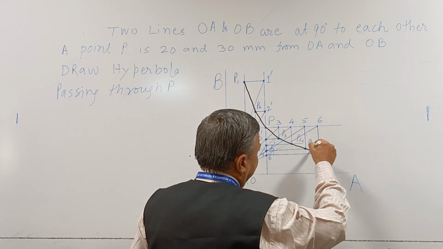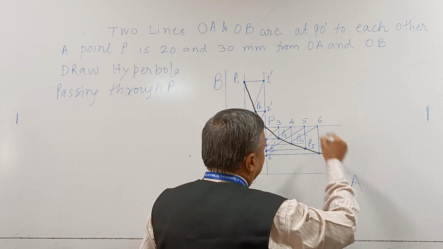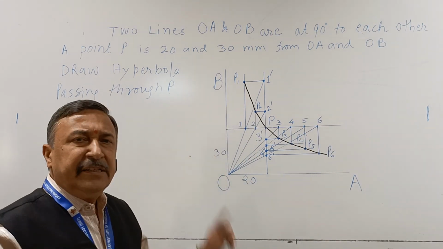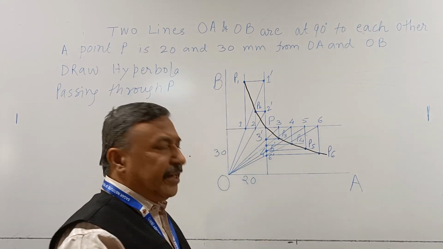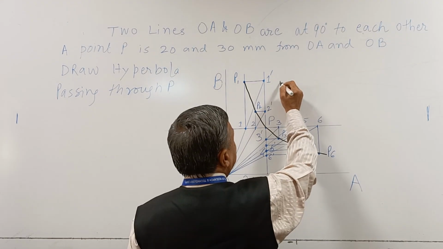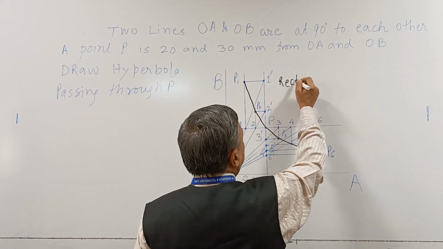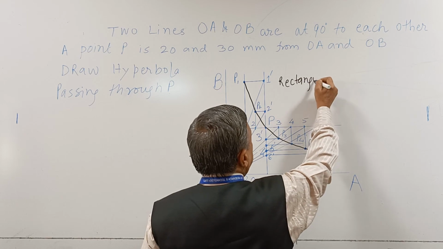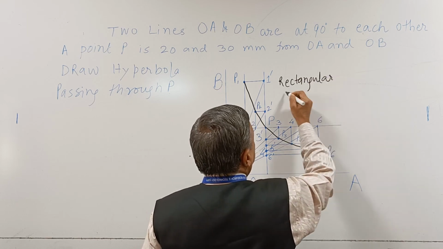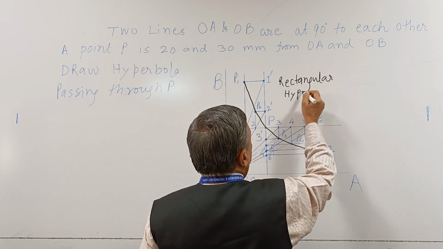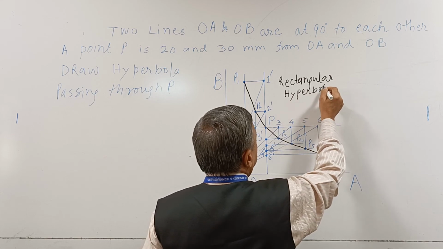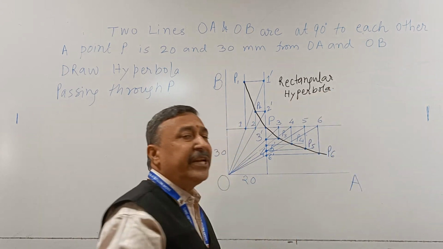Through these points we have to draw a smooth curve. This is called a rectangular hyperbola. Now what is its application?